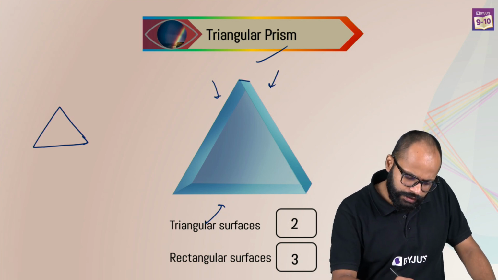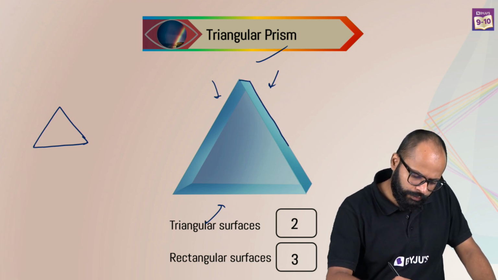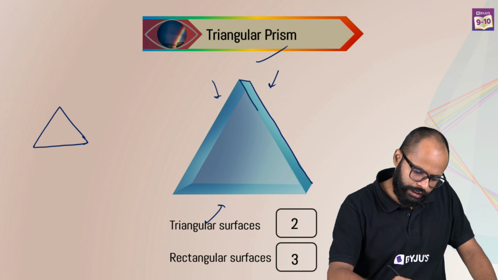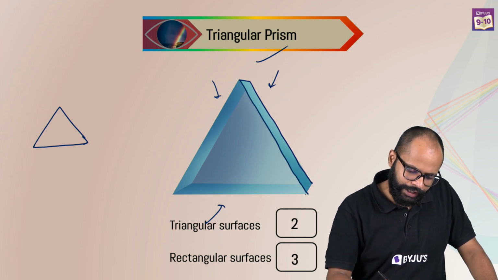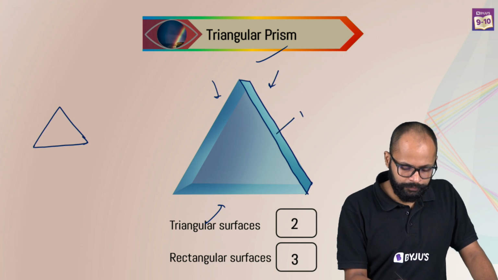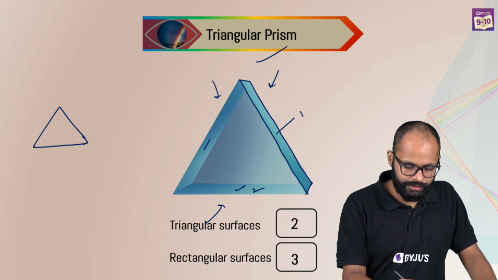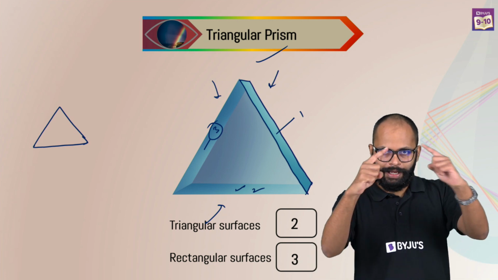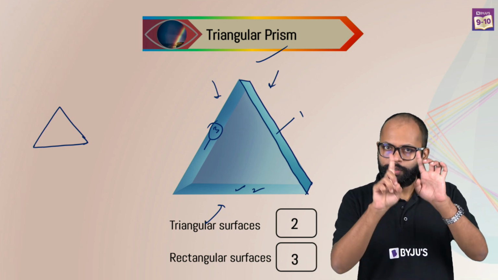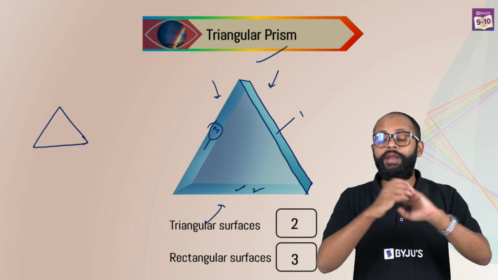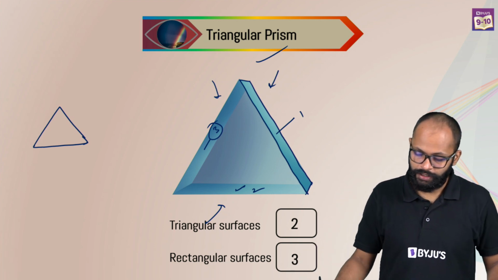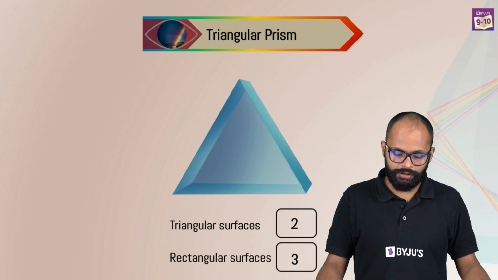This one. This is a rectangular surface only, no? If I draw it like this for you, this is a rectangular surface. So this is 1, this is 2, and this is 3. So that's why 3 rectangular surfaces and 2 triangular surfaces, right? So this is what we call a prism, okay? Nice. So we understood this.